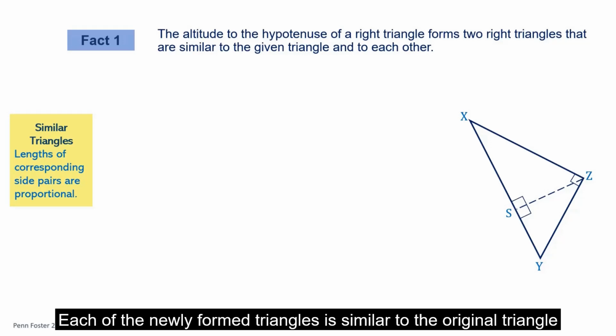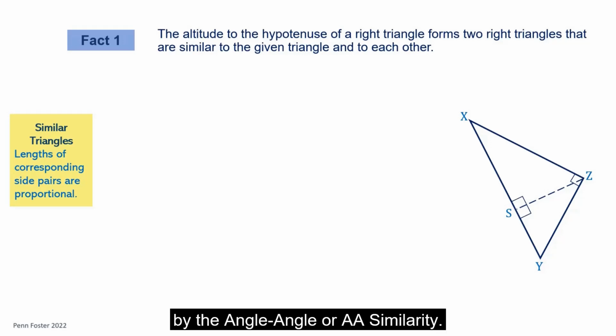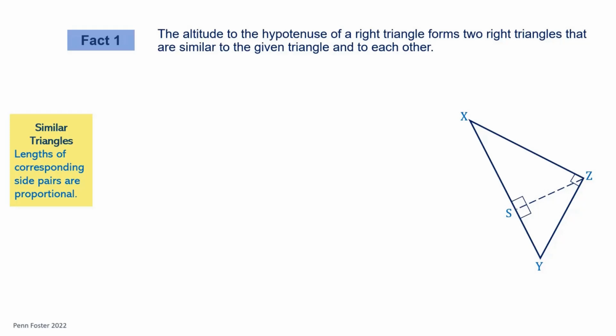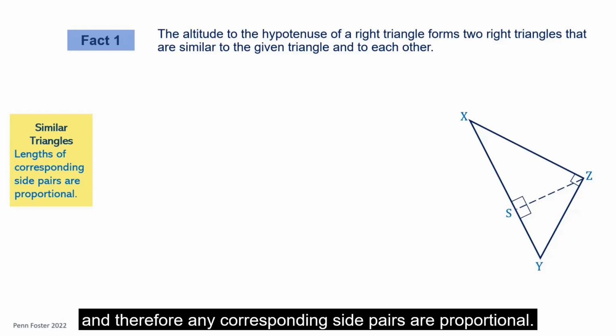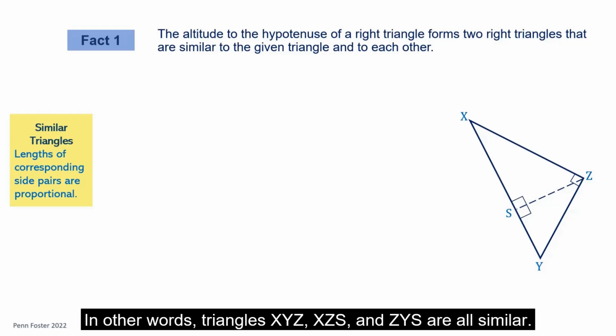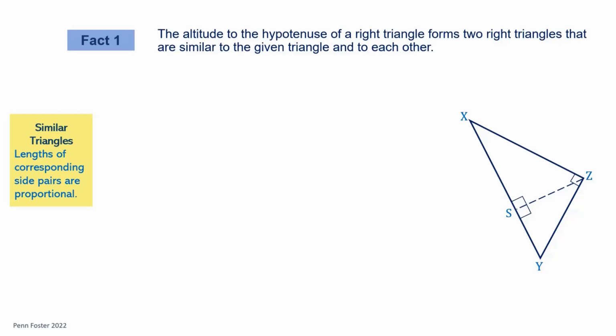Each of the newly formed triangles is similar to the original triangle by the AA similarity. From that, it's legitimate to conclude that all three triangles are similar and therefore any corresponding side pairs are proportional. In other words, triangles XYZ, XZS, and ZYS are all similar.